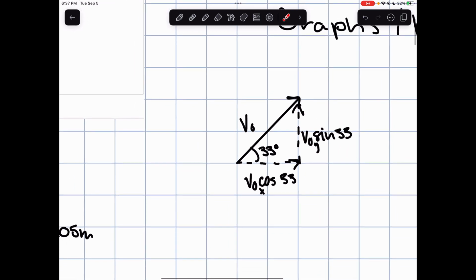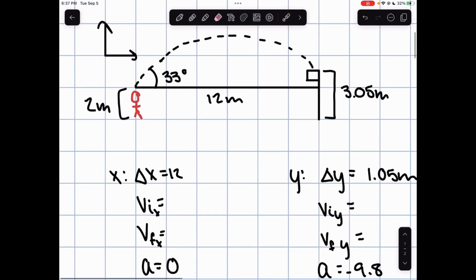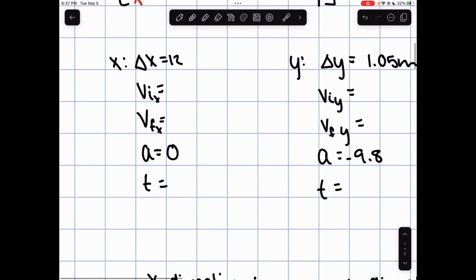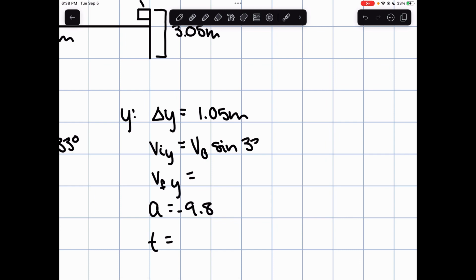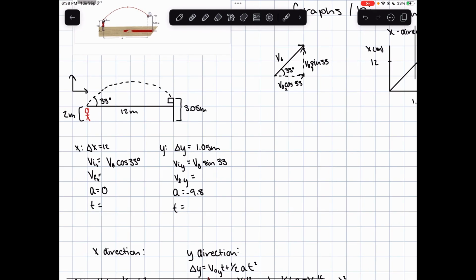For the initial velocity in the x direction, it's V naught cosine 33 degrees. And for the initial velocity in the y, it's V naught sine 33 degrees.